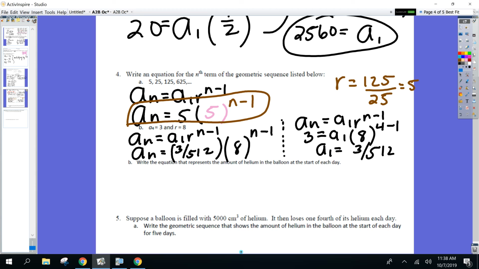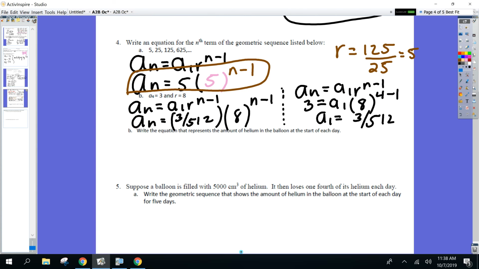Questions going? I'm listening. We got 3 equals A1 times R cubed. I had to do this because I didn't know what the first term was.